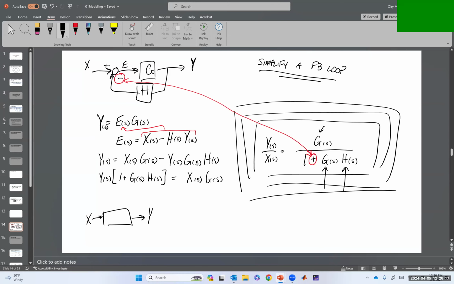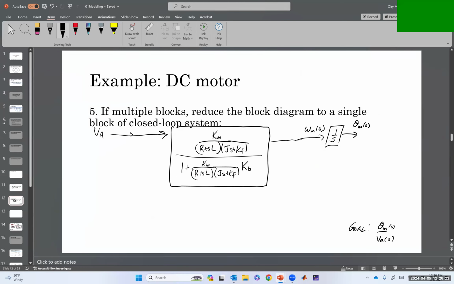So it's actually critical that the signals remain the exact same through this entire operation. Okay, so I think we're ready to accomplish our goal, which is the VA to theta M transfer function.